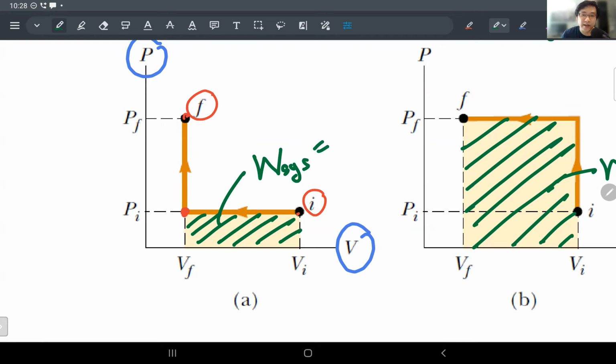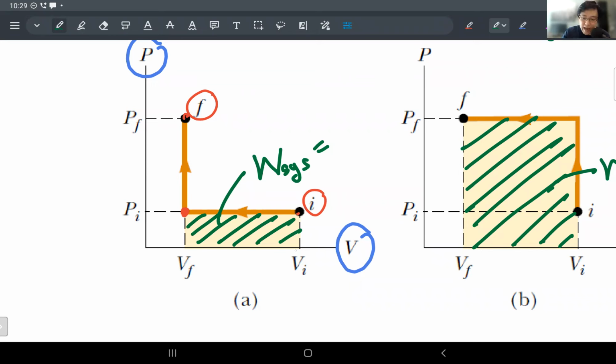Supposed to be positive or negative? Figure A, going from I to F, even though you know how to calculate the area under the curve, it's just width times height. But what do you expect at the end? Is it supposed to be a positive or negative number here?